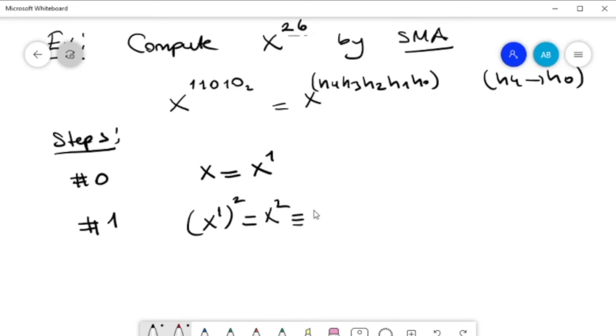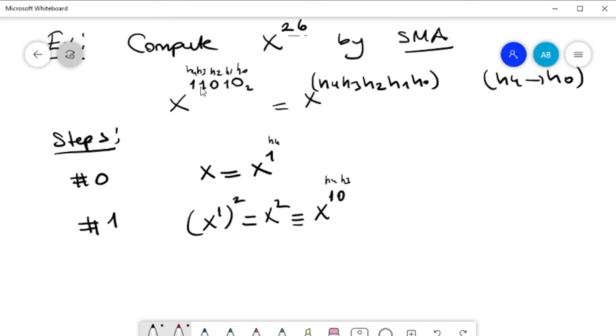Written in base 2, this is x to the 1, 0. As I said, I start from h4, which is always 1 because there is no reason to write zeros here. This is h4, and this is h3. Here h3 is 1.